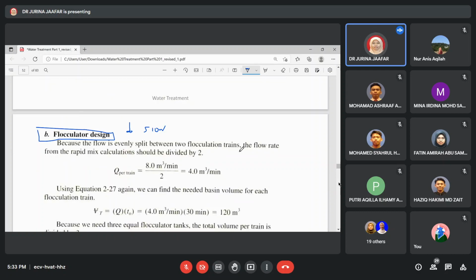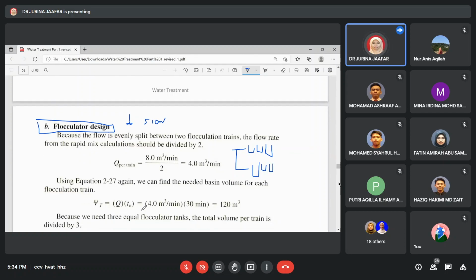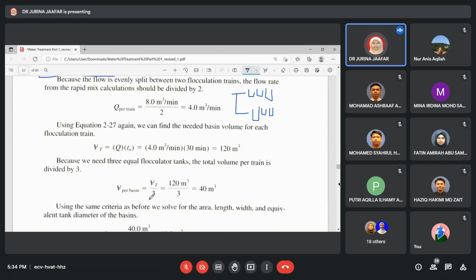Then we know the water coming out from the first process will be diverted to 2 trains, and each train will have 3 basins of equal volume. So each line has 3 basins, right? So you can see the calculation here is divided by 3, okay?